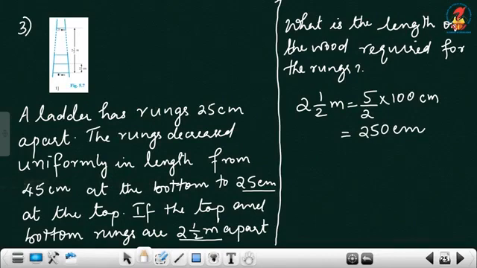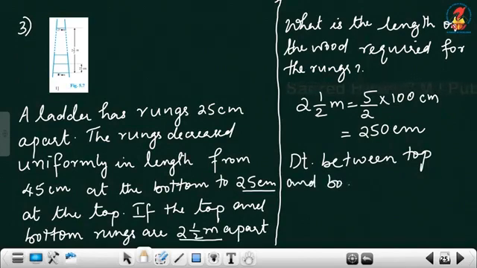So the distance between the top and bottom rungs is 250 centimeter. Then come back to the question.